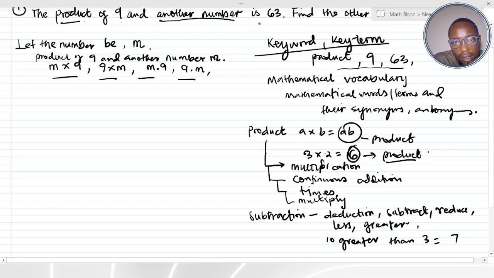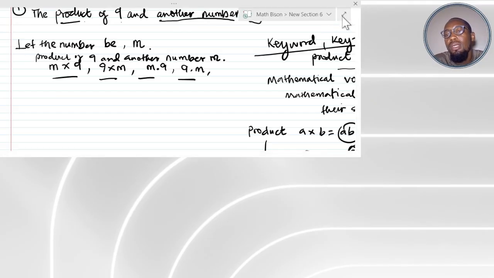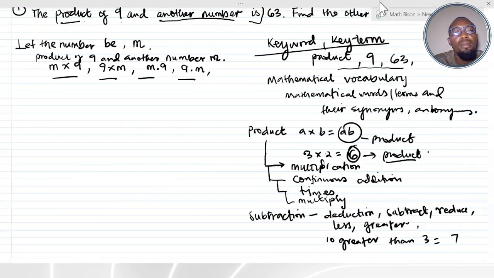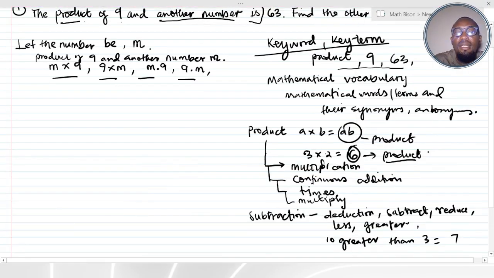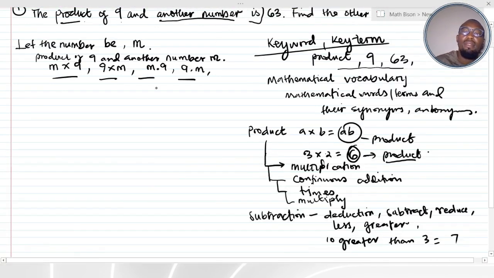Every time you see is, this is always pointing to what? Sorry. This is always telling us the equal sign. The equal sign. So is usually where you put your what? Equal sign. And after that is 63. Whatever comes after, in this case, is what comes after the equal sign, which is what? 63.